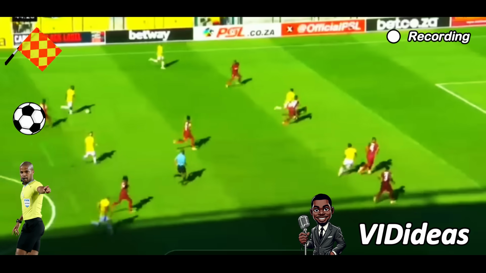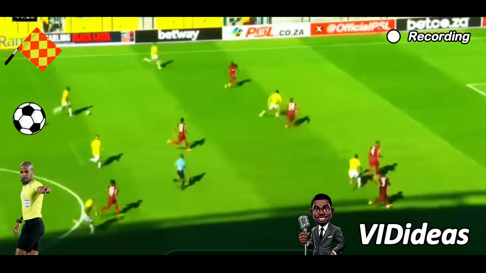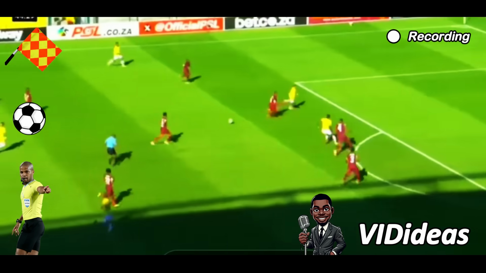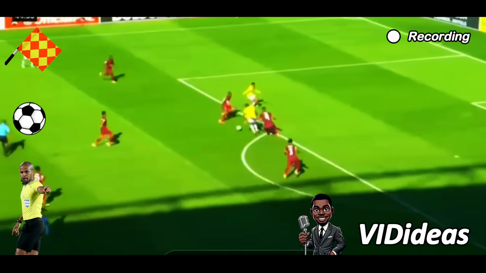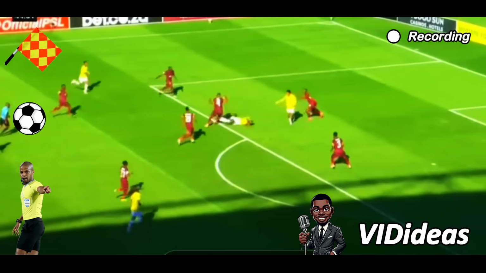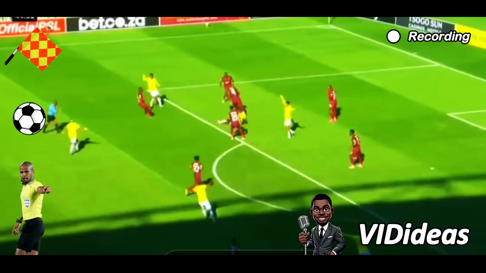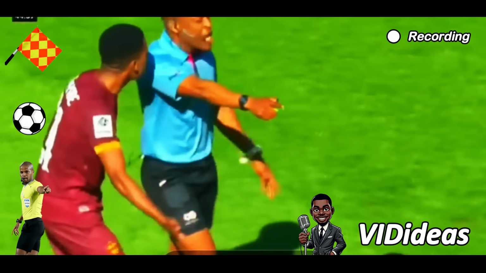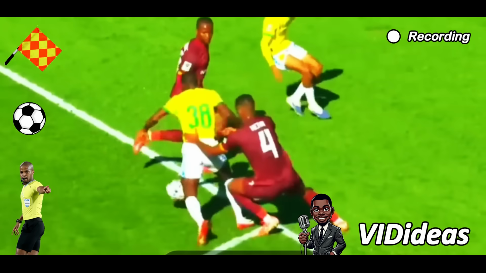We see Sundowns on the attack, right? I think, if I'm not mistaken, it's Modiba who plays a pass to Shalulile. Shalulile then gets fouled by Molosane, and then Shalulile goes to the ground. And the referee, without hesitation, says penalty, right?